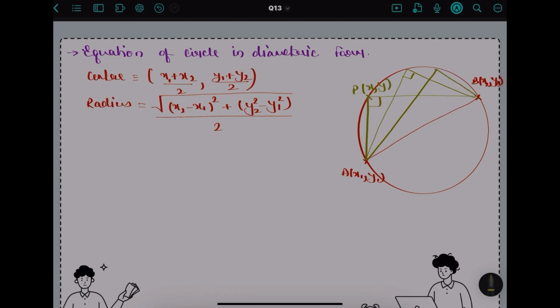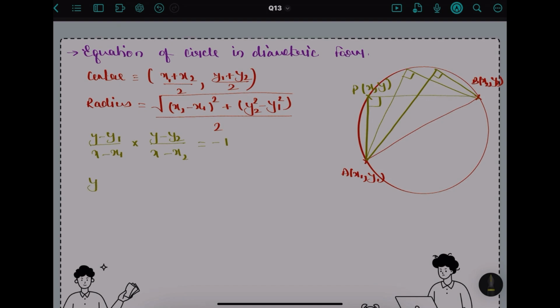Correct, right? So I can apply the concept that the product of slopes would be minus 1. So I can go with this part: slope of AP is (y minus y1) by (x minus x1), into slope of BP, (y minus y2) by (x minus x2), equals minus 1.